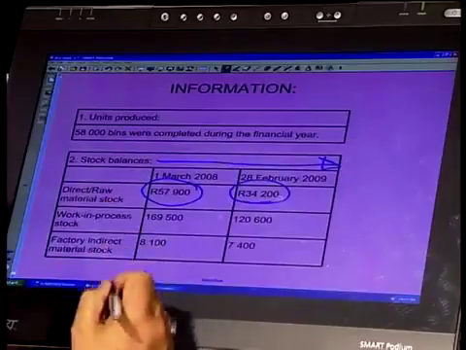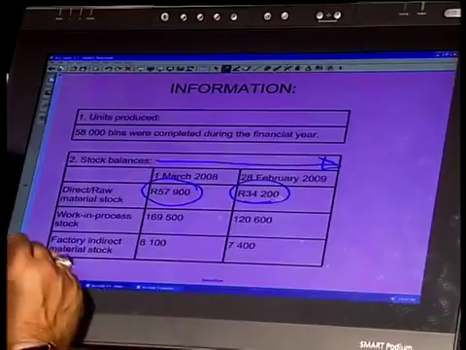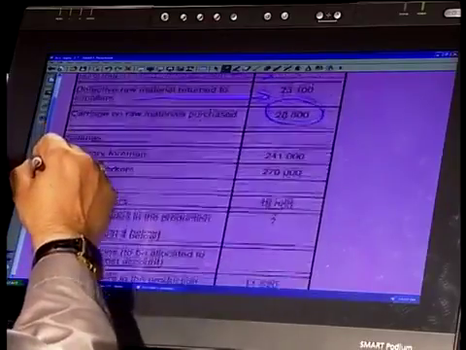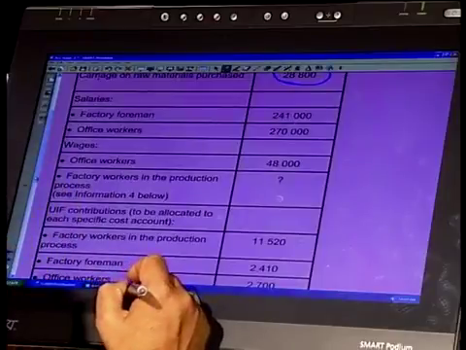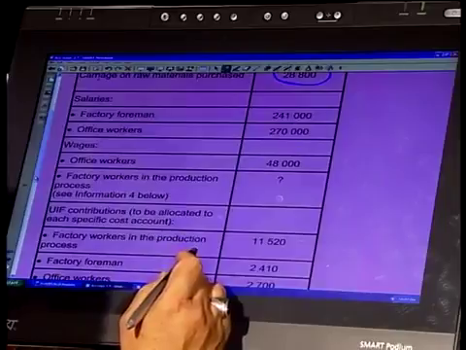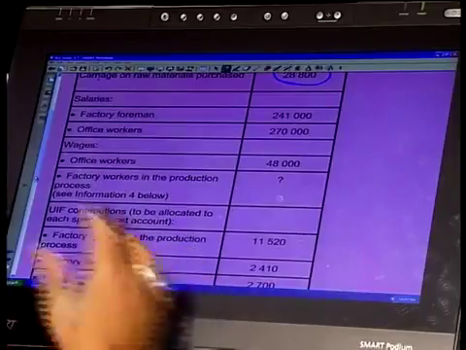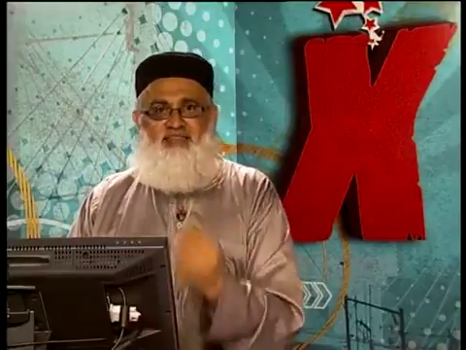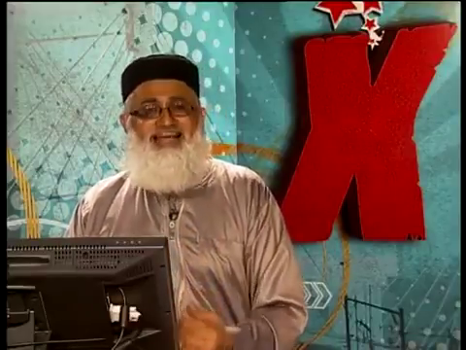What is expected of me to calculate in this particular note? I need to work out the direct labor cost. Let's look at the information. What information is given to me about my labor? Wages. Office workers, not my concern at this stage.